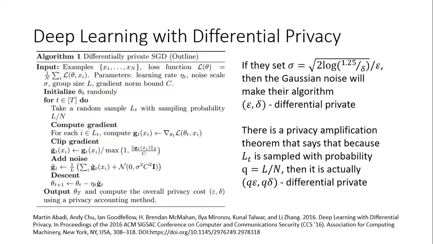But you add noise to it so that it's random. And then to prove differential privacy, you have to add a level of noise based off the sensitivity, which is the most it can change on two similar databases.